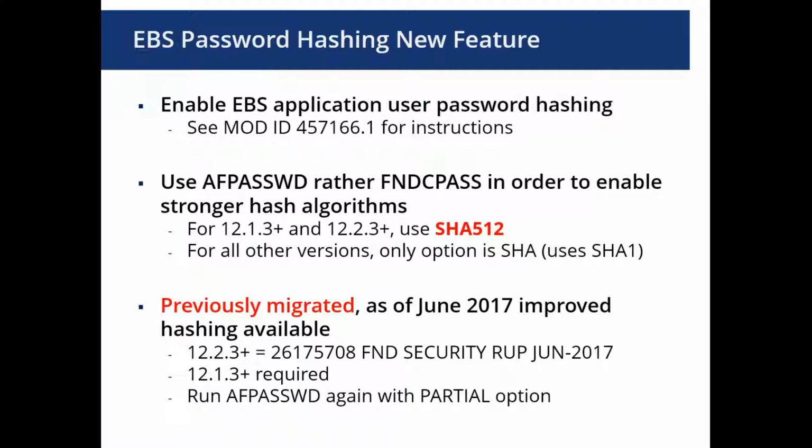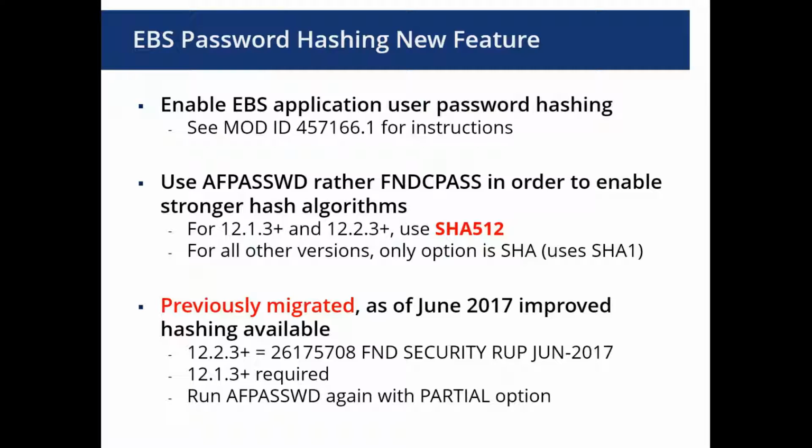What that does is, if everyone already has a hashed password, you now tell Oracle E-Business Suite to use SHA-512. It will not actually change anyone's password at the current time, but every time someone changes their password, they will be upgraded behind the scenes from a SHA-1 hash to a SHA-512 hash.